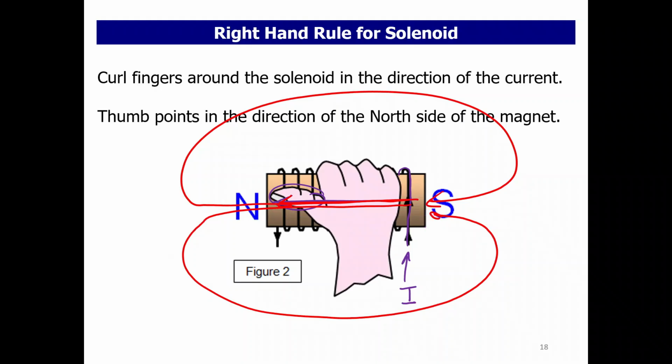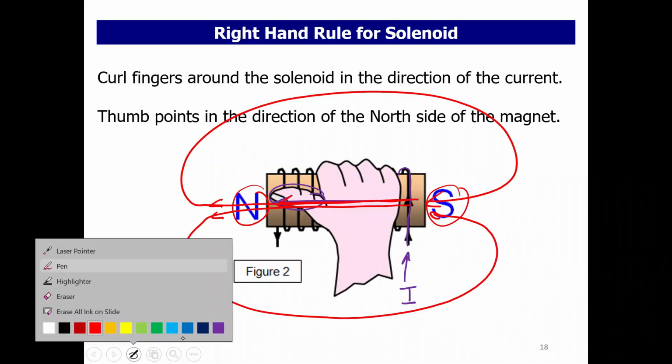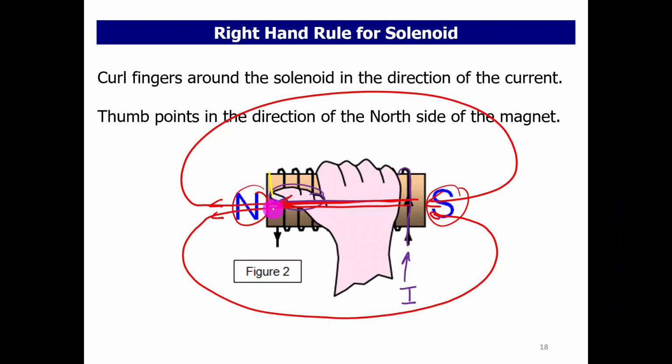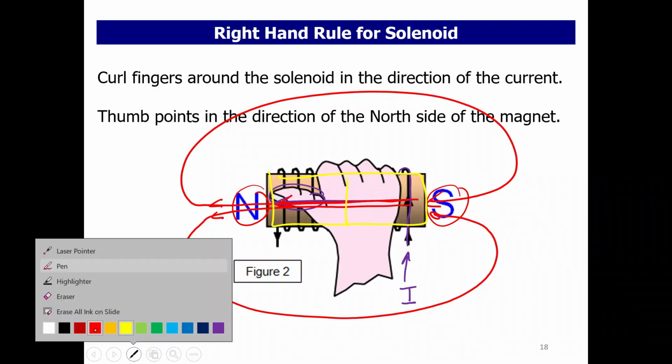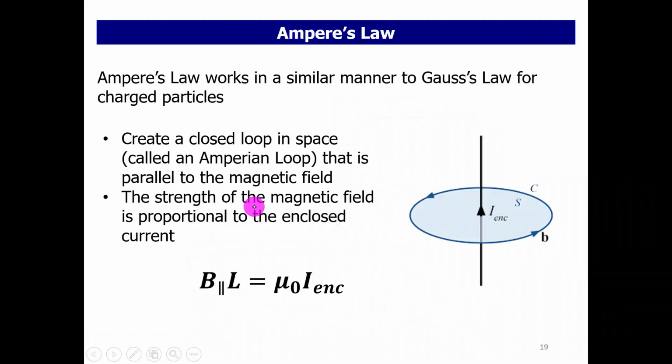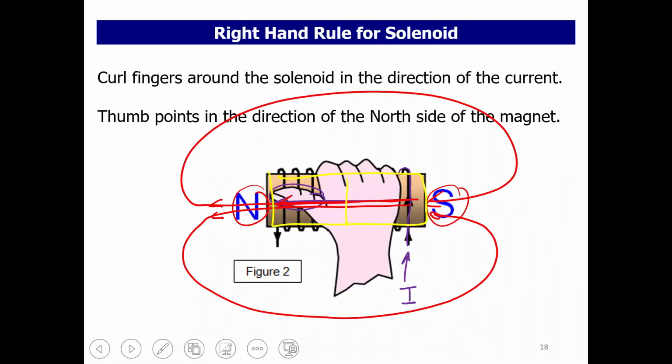So remember that our field lines leave the north side of a magnet and enter the south side of the magnet. So picture that this is really close to the magnetic field that's being created by a bar magnet. So if this was a bar magnet instead of a solenoid, we would have the north side of the magnet on the left and the south side on the right.